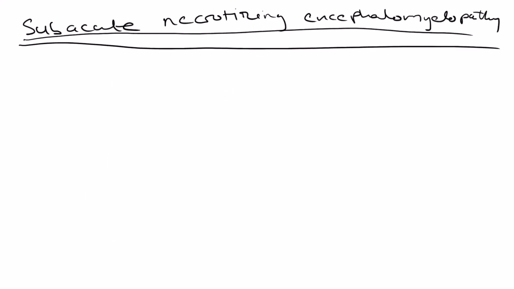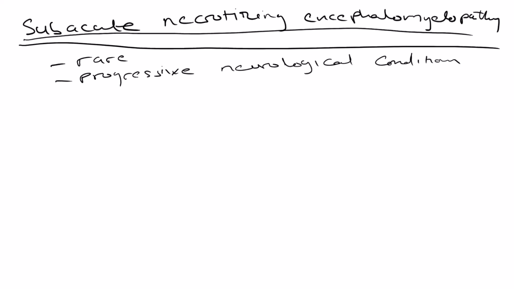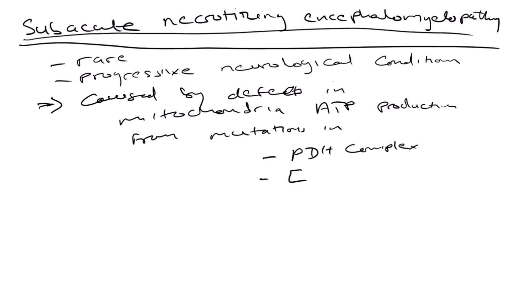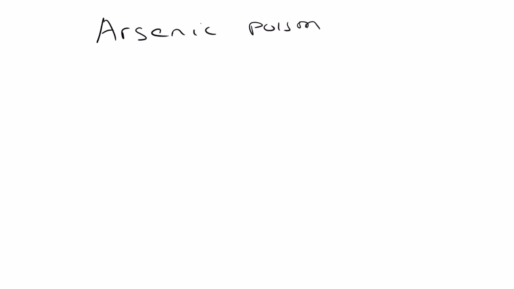Subacute necrotizing encephalomyelopathy or Leigh syndrome is a rare progressive neurological disorder that is the result of defects in mitochondrial ATP production, primarily as a result of mutations in the PDH complex, the electron transport chain, or ATP synthase. Both nuclear and mitochondrial DNA can be affected.